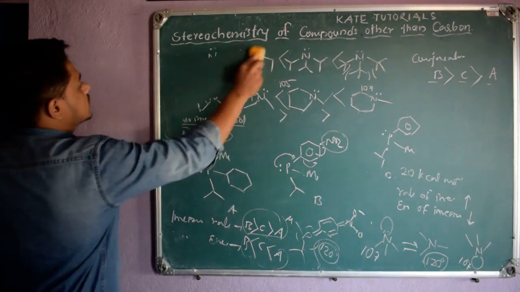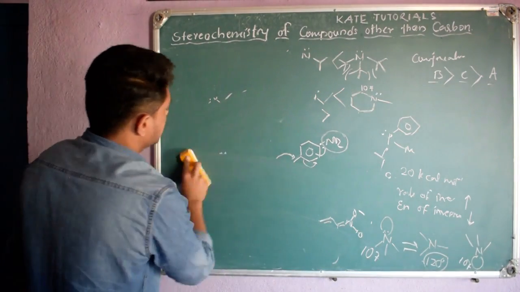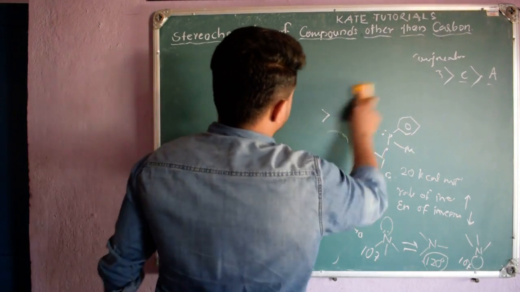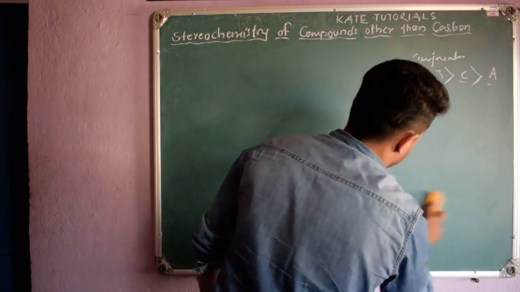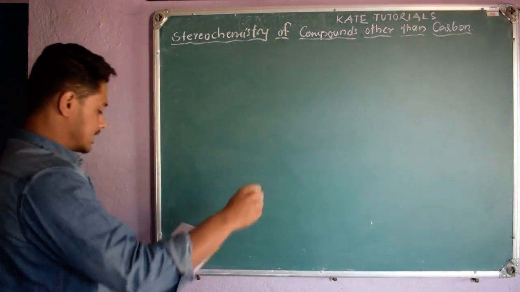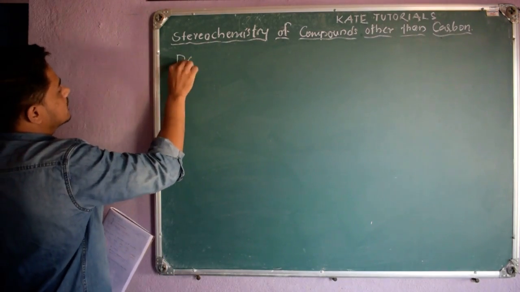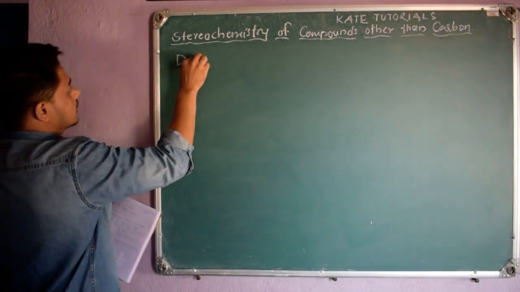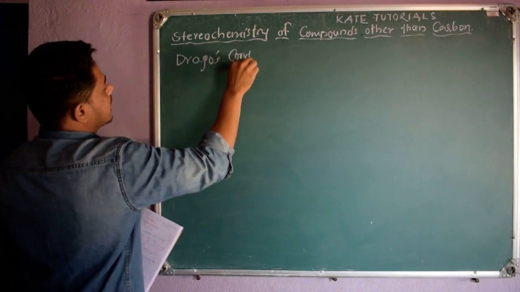Once we know all those things, let us discuss a few more concepts so that we can appreciate pyramidal inversion and answer many questions. Let us see these compounds. These are called Drago's compounds, which you will learn in inorganic chemistry.